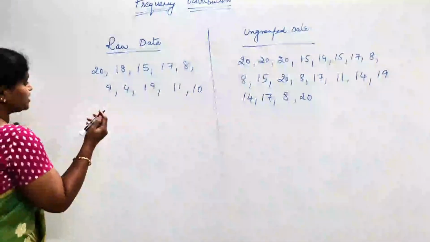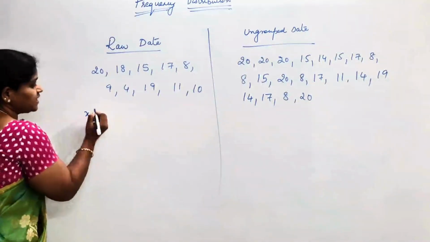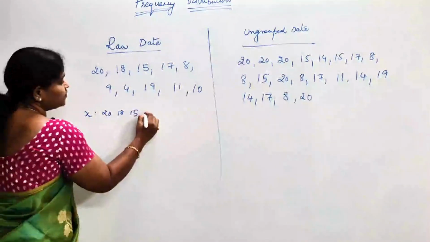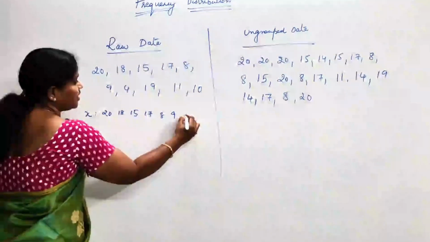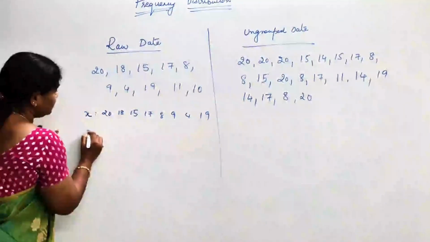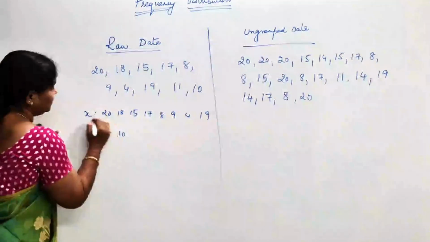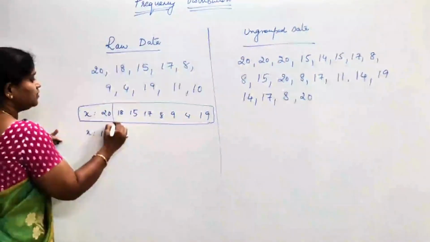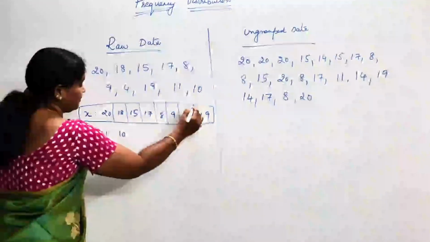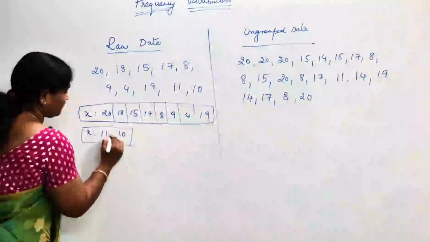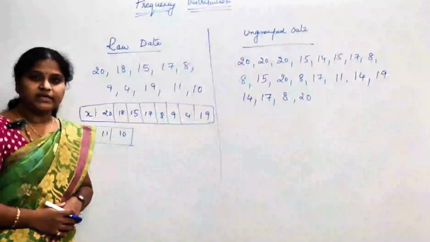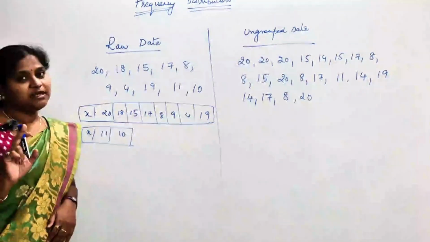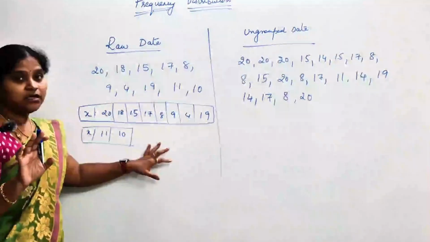Here the tabular representation will be: the variable will be represented as x and all my values will be given: 20, 18, 15, 17, 8, 9, 4, 19, 11 and 10. That is it. This will be my frequency distribution with respect to raw data. So my criteria is satisfied, right? Here my data is limited, only 10 values are there, and none of the values are repeated. This is my raw data.